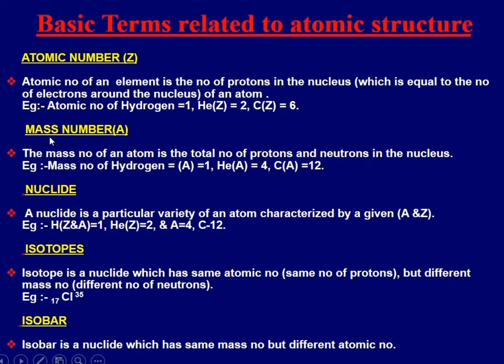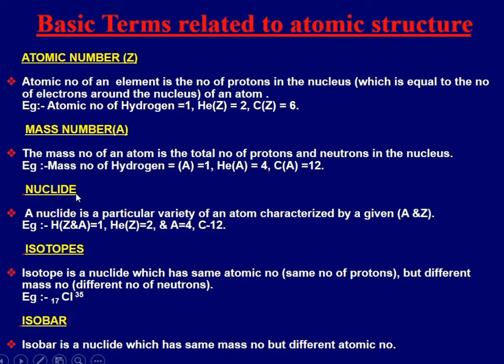So mass number is the total number of protons and the total number of neutrons present inside the atom. The number of protons plus the number of neutrons makes up the mass number. So the mass number of hydrogen is 1, for helium it is 4, and for carbon it is 12.